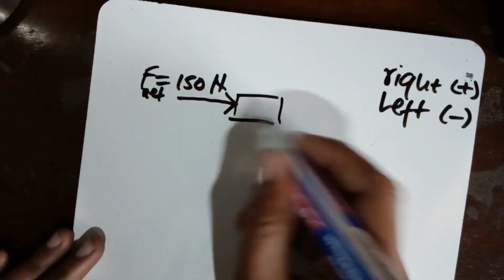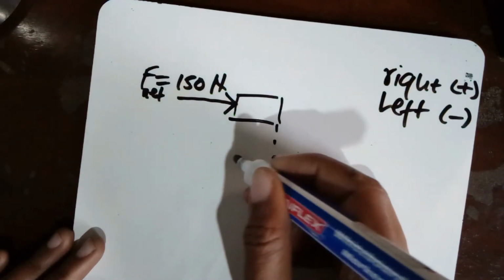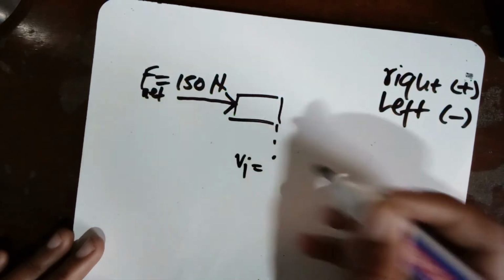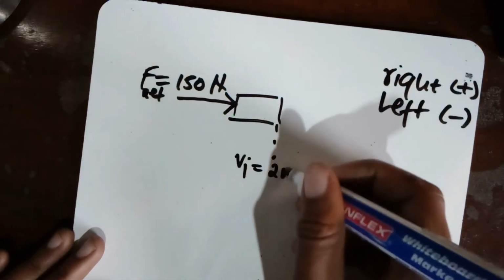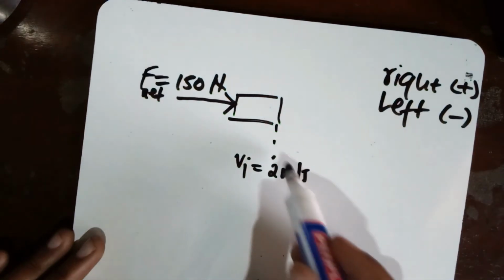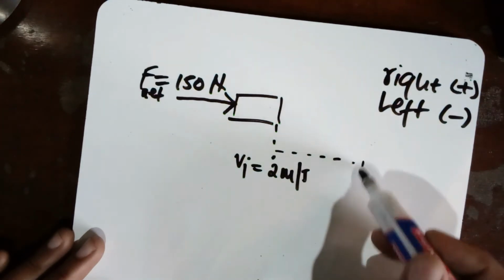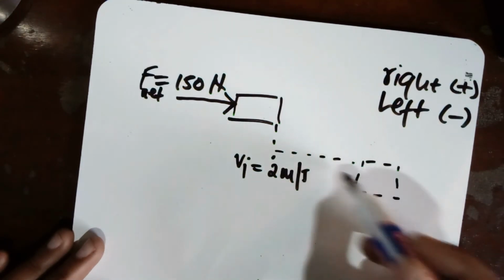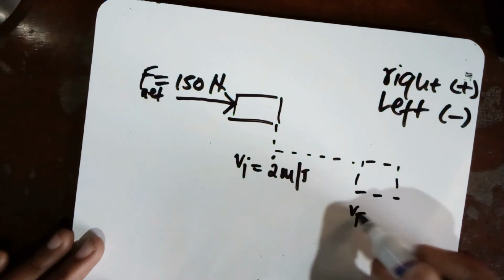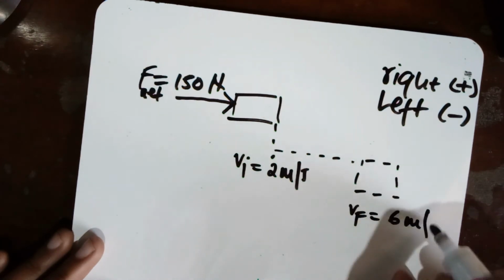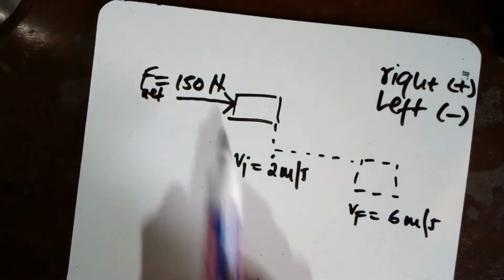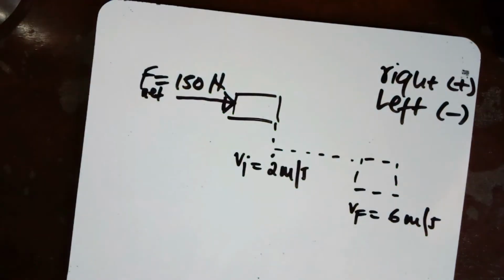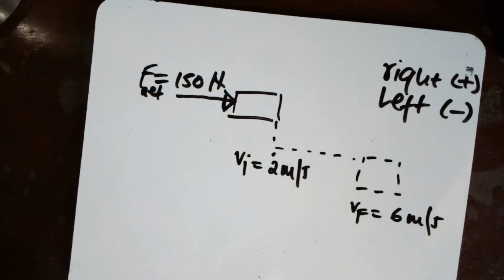Initially this trailer was moving at an initial velocity, Vi, of 2 meters per second. Then after a certain time, this trailer will be moving at a velocity of 6 meters per second because of this force acting on it.